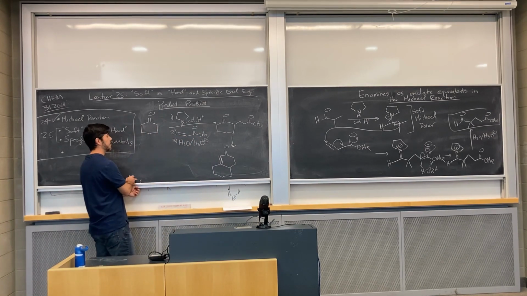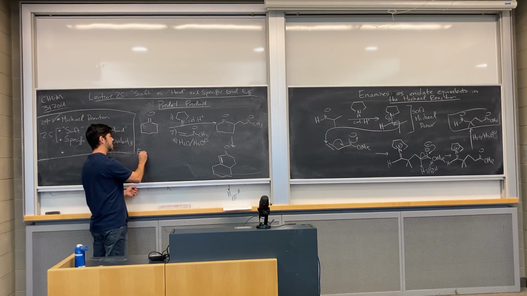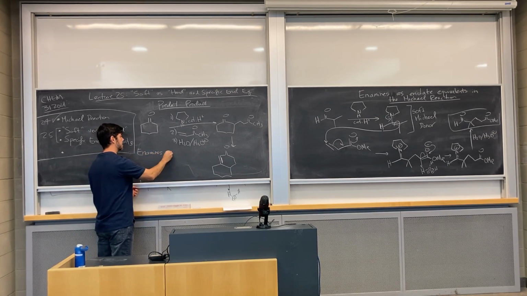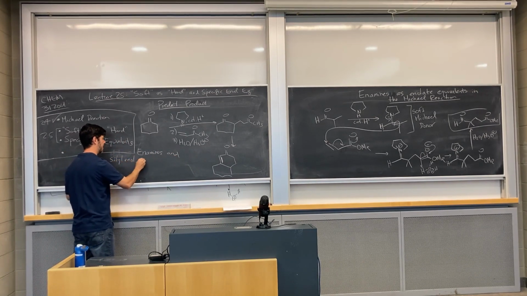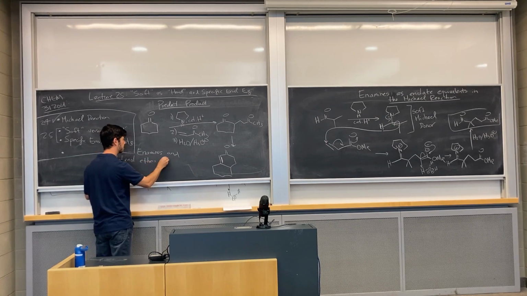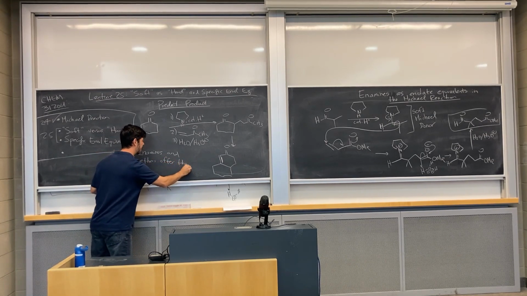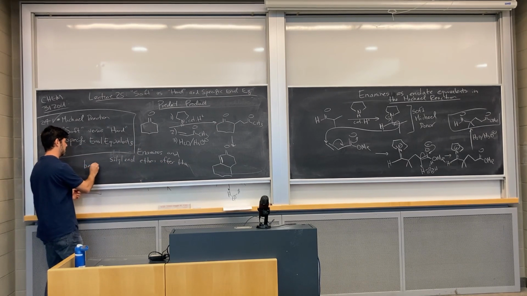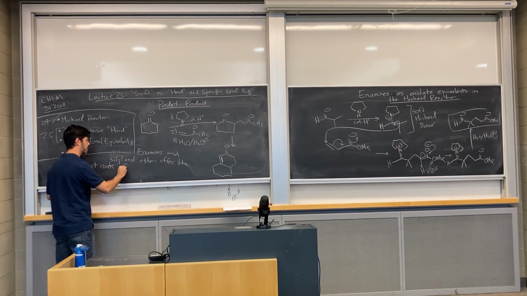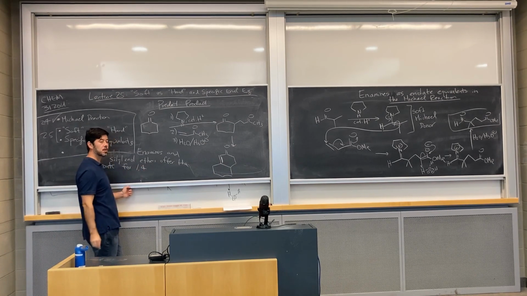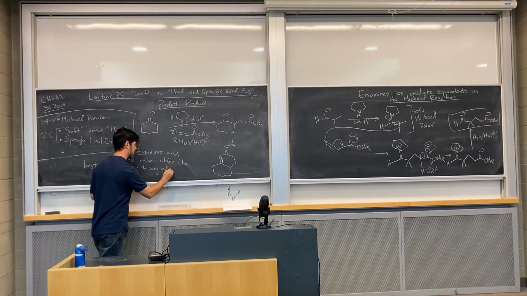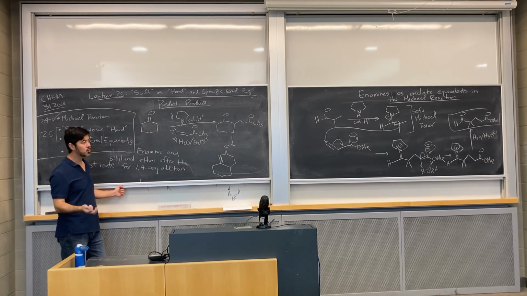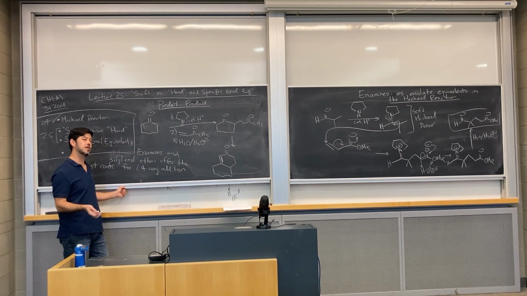So conclusions from this portion, I just want to highlight that enamines and silyl enol ethers offer the best results for 1,4 conjugate addition. If possible, when you're doing these Michael reactions, try not to use lithium enolates.